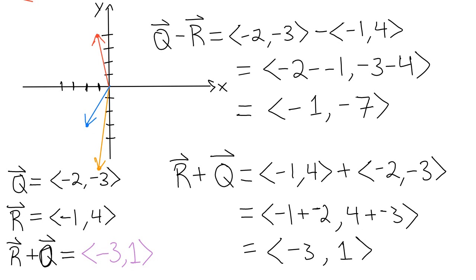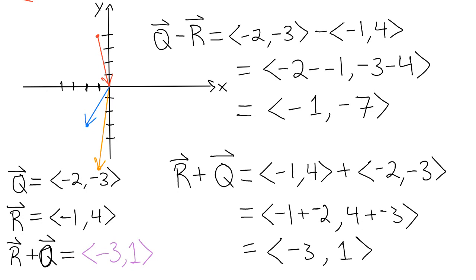But we're not doing Q plus R. We're doing Q minus R. So what you do when it's minus R is you flip the arrow. So the arrow gets flipped. So the red arrow is not R, that's -R.